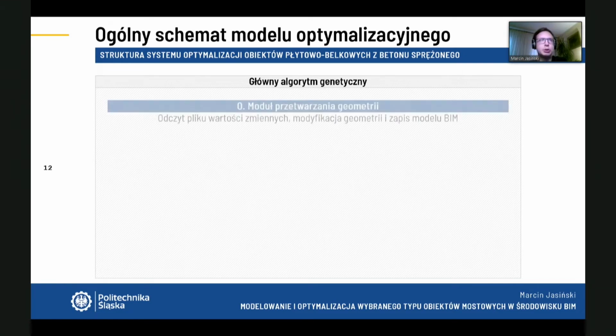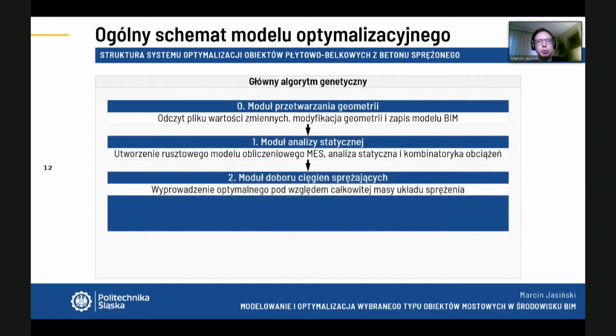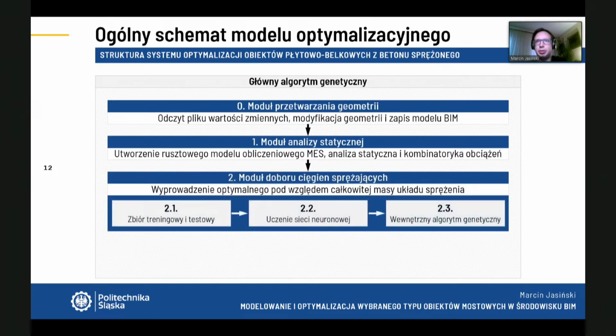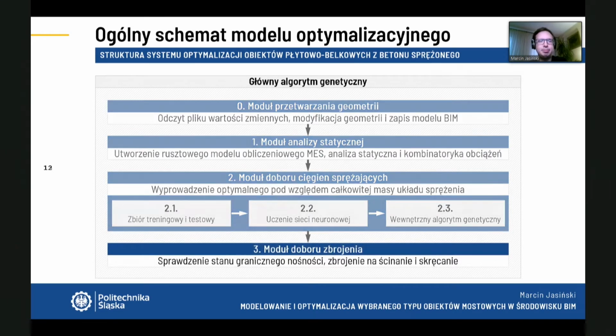For an individual solution, this involves modification of the BIM model geometry with the bill of materials, creating a mass model for static analysis, and prestressing element selection using a neural network, and reinforcement is also added.